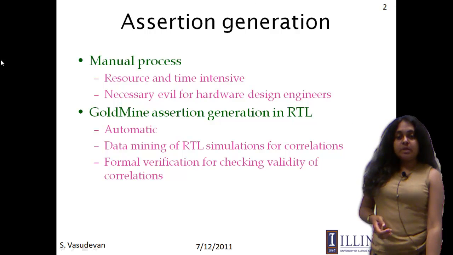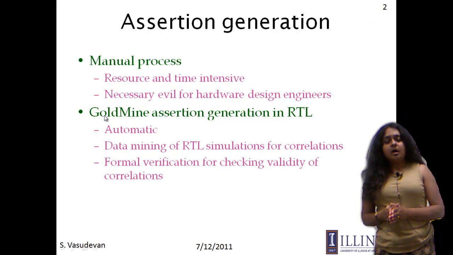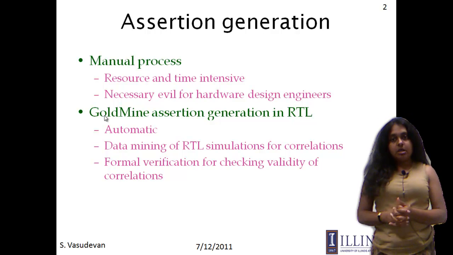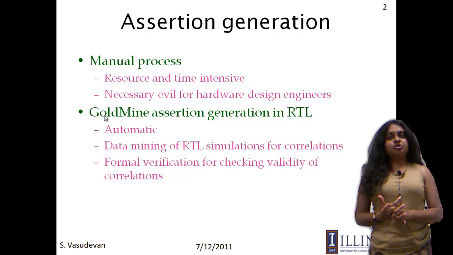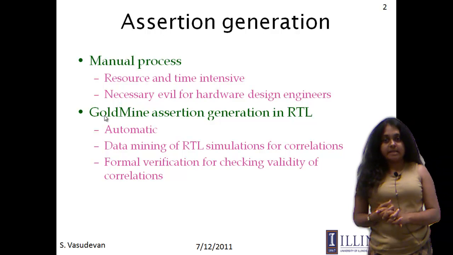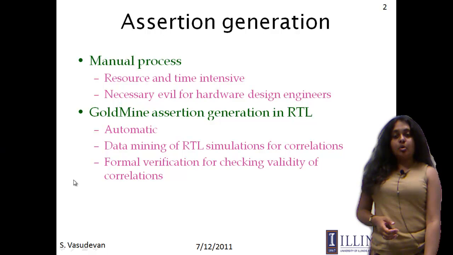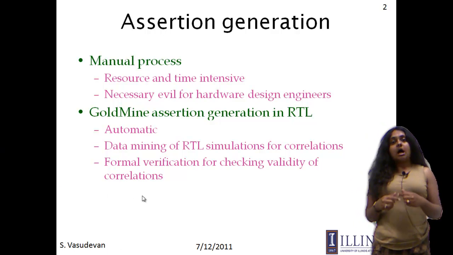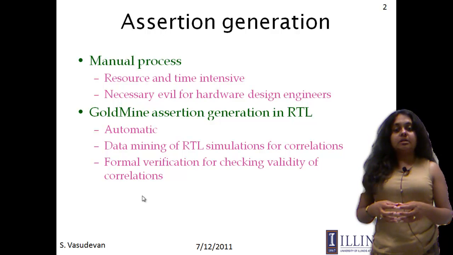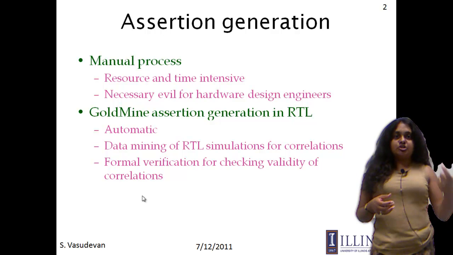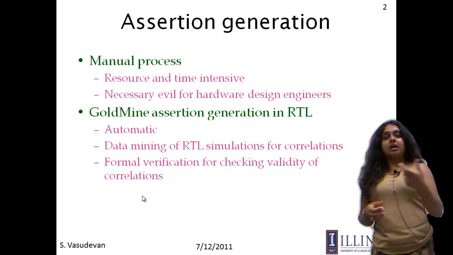So in prior work, we invented a software called Goldmine, which does automatic assertion generation in RTL, at the register transfer level of hardware designs. Goldmine uses data mining of RTL simulations: the RTL simulations are used as data, and correlations are found by data mining the RTL simulations.